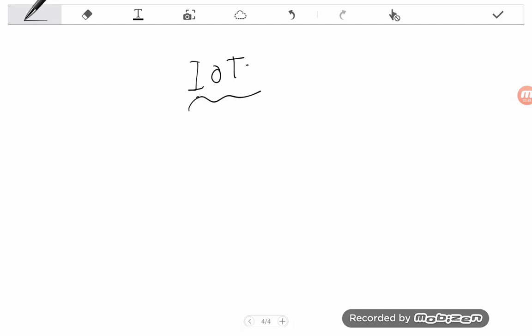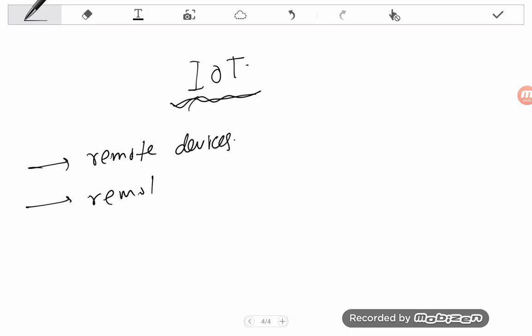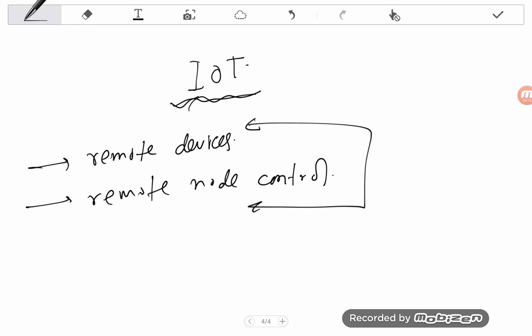But what I feel is that the main concept of IoT is to get data from remote devices, or to control the remote node. So I can tell, remote node control. These two things are done with the help of IoT.